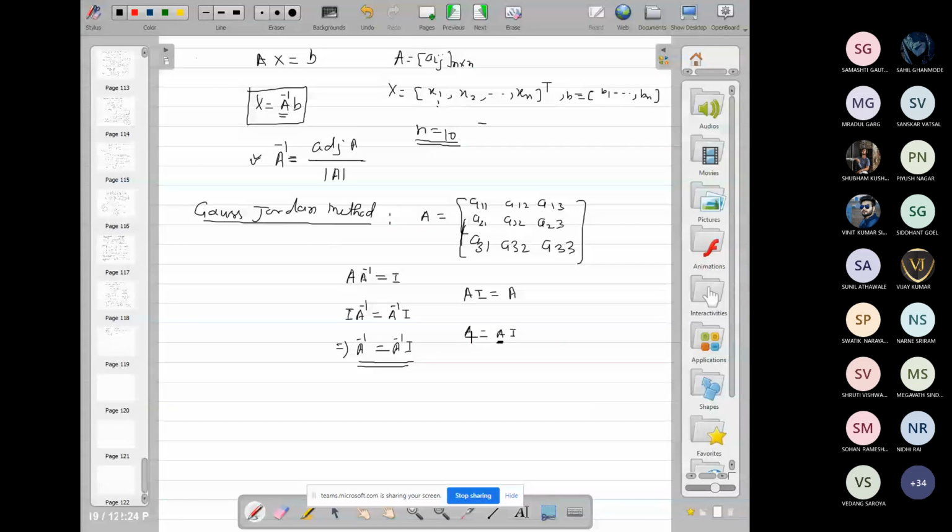You see, multiplying by A inverse, it becomes I, equal to I into A inverse.